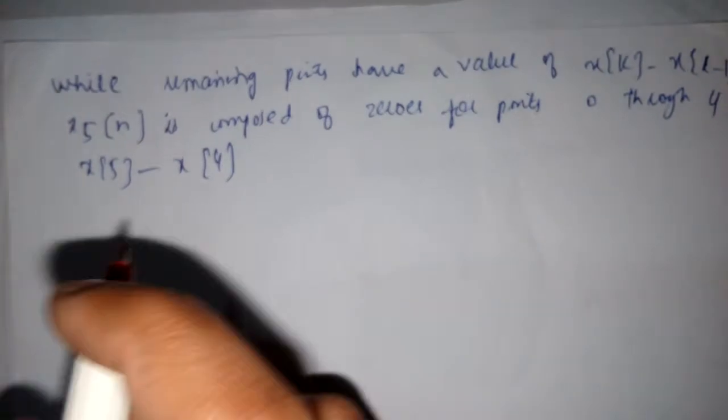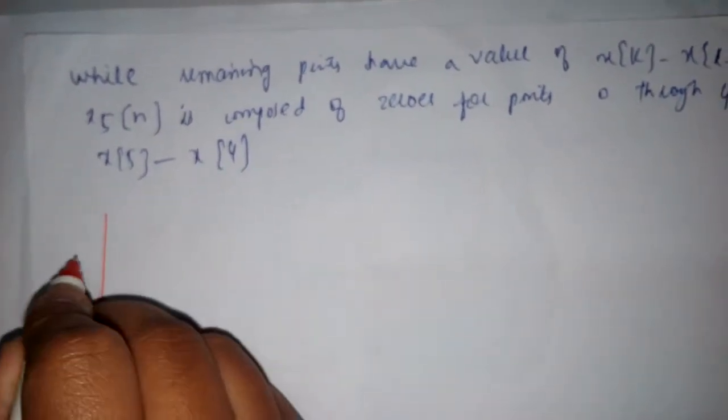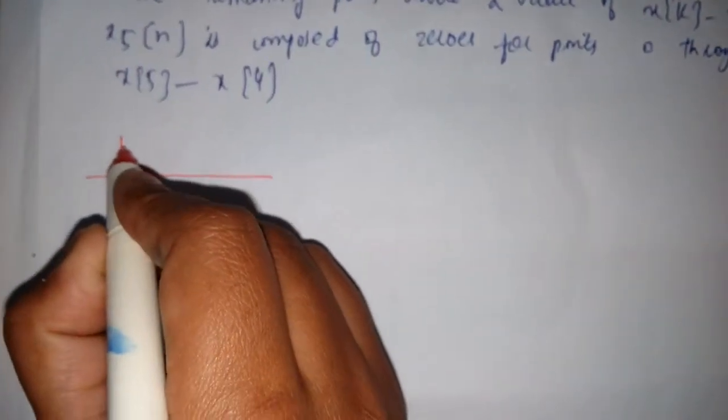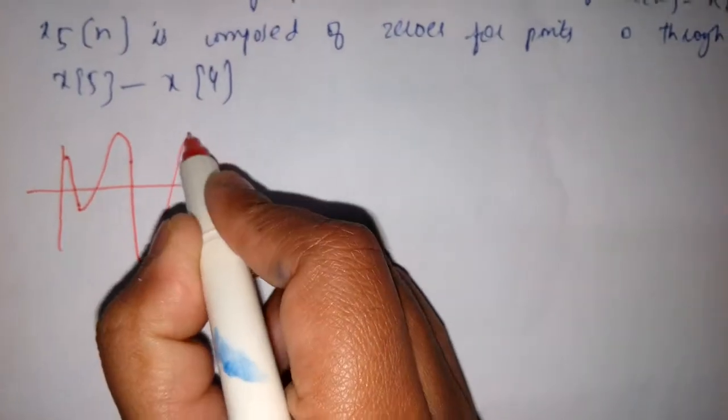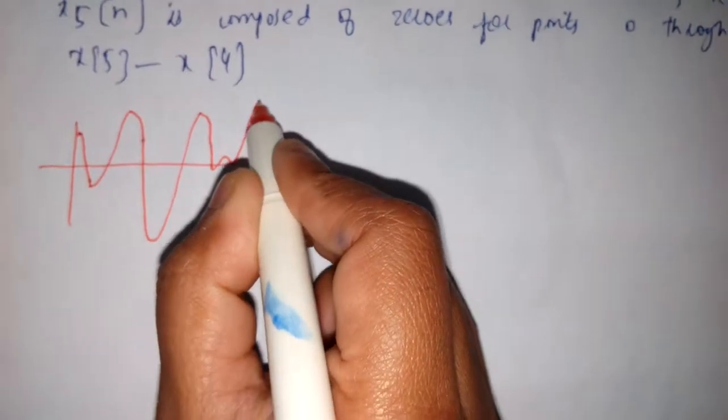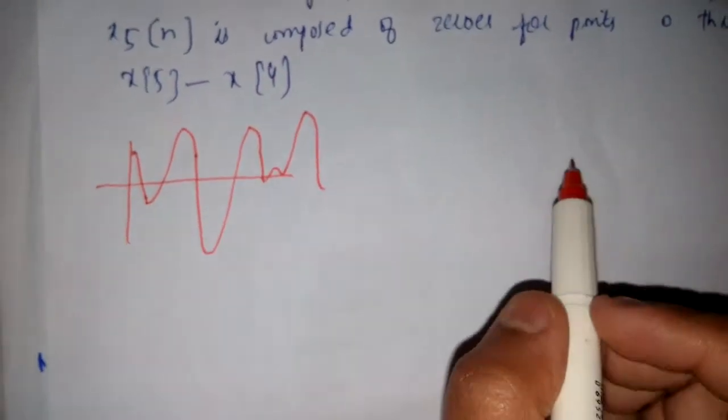Now I explain it through graphs. In this example, the signal is x[n], which is like this, and the same signal is used for the step decomposition.